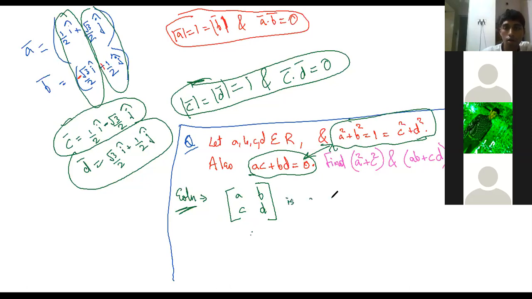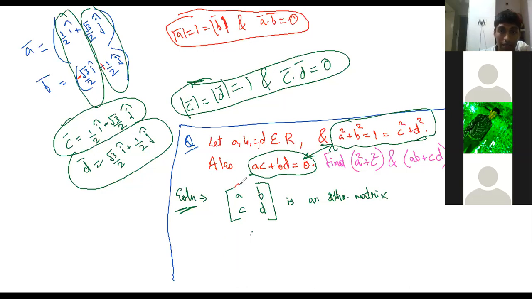Here is an orthogonal matrix. But then from property 2, what does this mean? Property 2, or the last note I wrote: if it is an orthogonal matrix in one direction, it is an orthogonal matrix in the other direction.